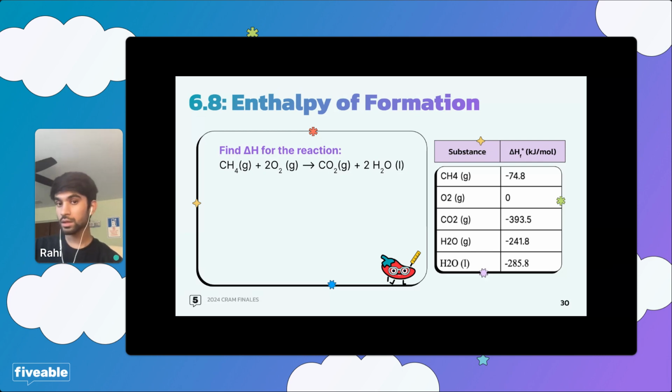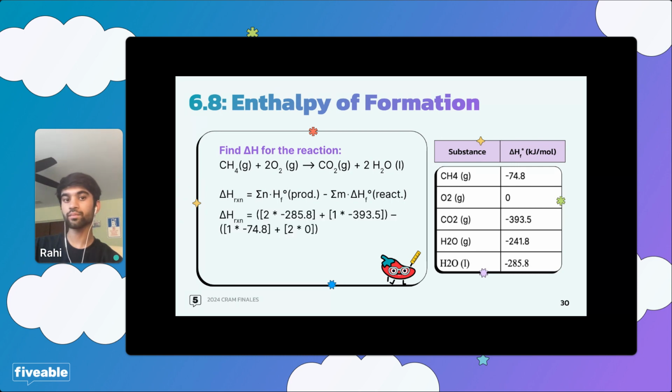Example time. Same reaction that we just did, but this time we have some different information. This time we have the enthalpy of formation of each substance. So we write out our equation like I just said: delta H of the reaction is the sum of the enthalpies of formation of the products minus the enthalpies of formation of the reactants, n and m being the coefficients, how many moles of things you're dealing with.